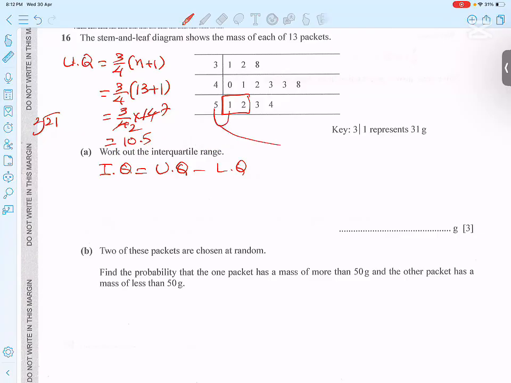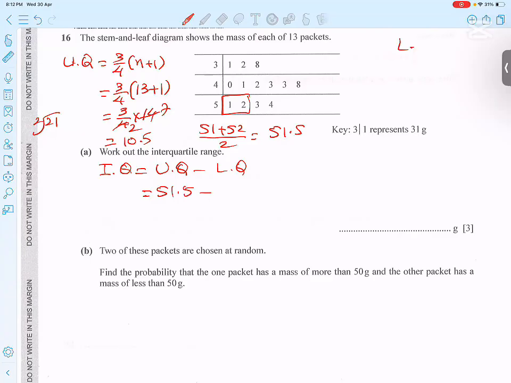What is this? 51. Look here, 31. So 51, 52. If I take the average of them, I got 51.5. So this is my upper quartile, 51.5. So students, this is okay.